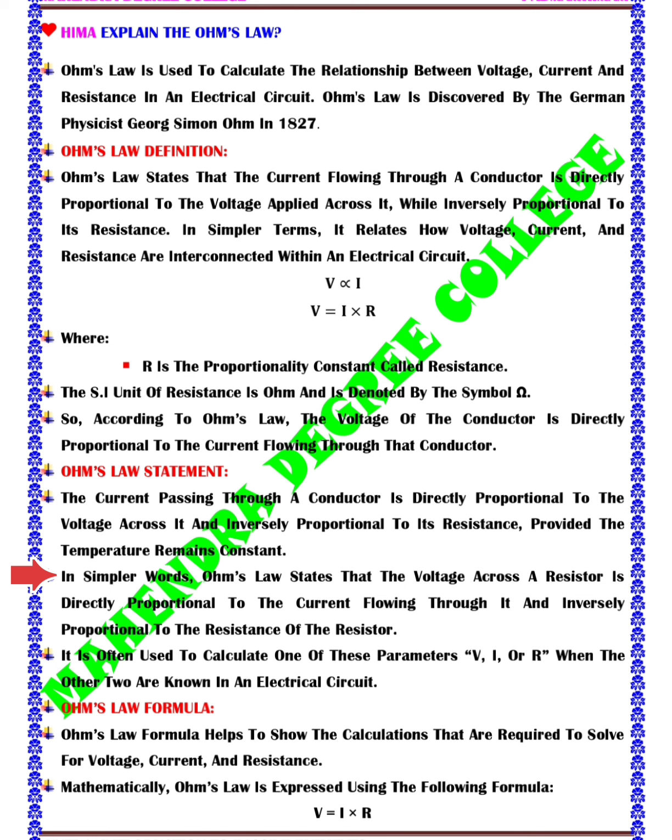In simpler words, Ohm's law states that the voltage across a resistor is directly proportional to the current flowing through it and inversely proportional to the resistance of the resistor. It is often used to calculate one of these parameters, V, I, or R, when the other two are known in an electrical circuit.